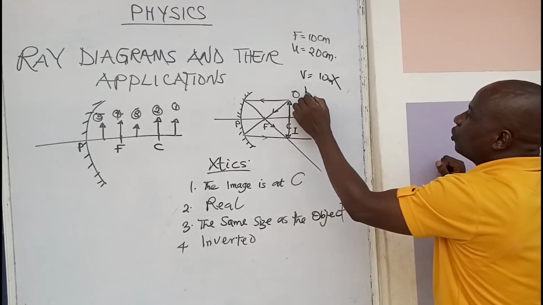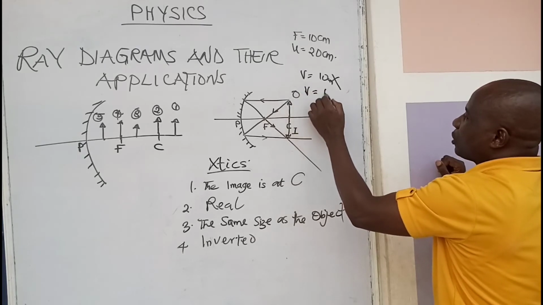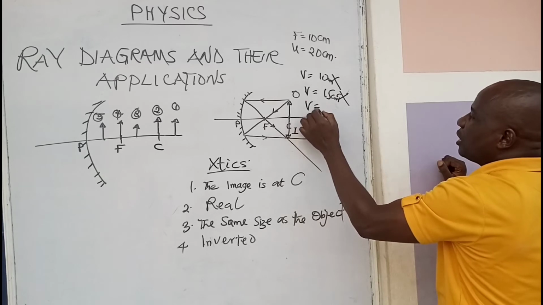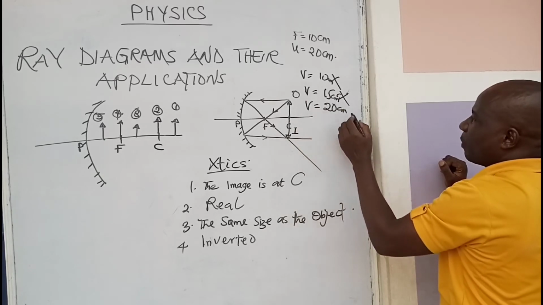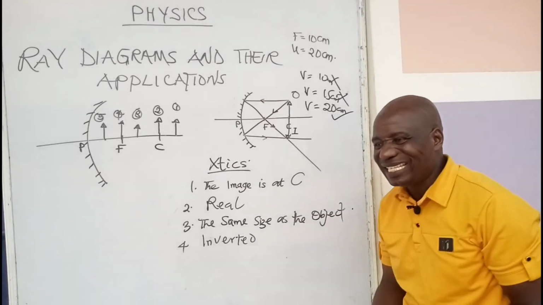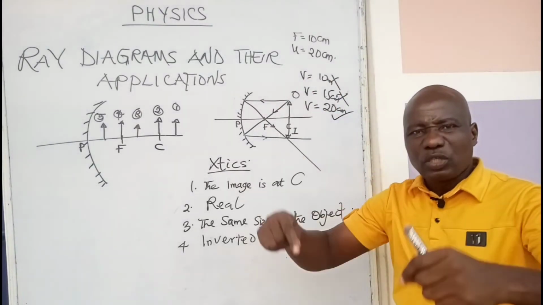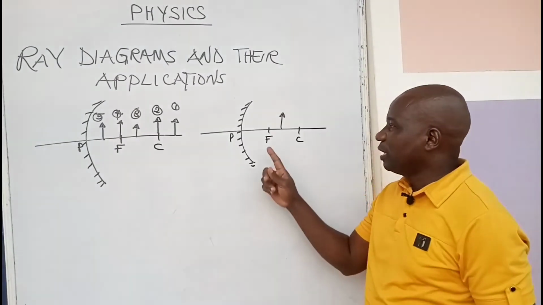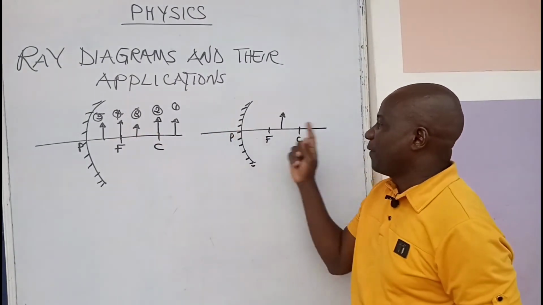If they give you V equal to 15, it is also wrong. If they give you V equal to 20, it is correct, because the object is at 20, so the image too must be at 20. Very good.